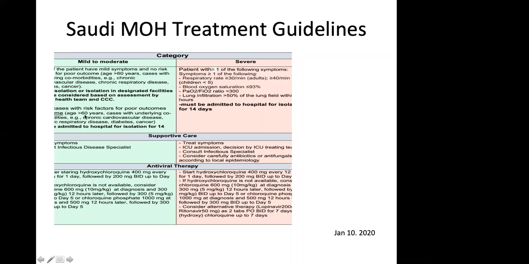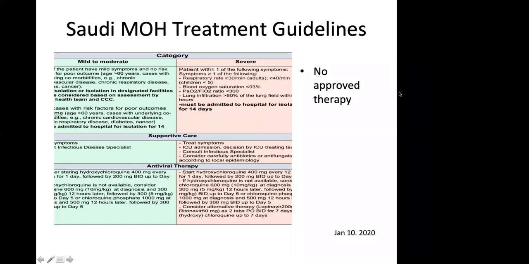So essentially older patients, underlying comorbid conditions, cardiovascular disease, respiratory disease, diabetes, and cancer should be admitted to a hospital, whereas the rest can be isolated in a designated facility determined by the MOH.